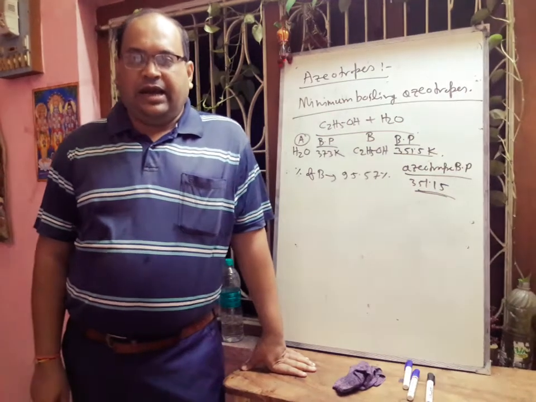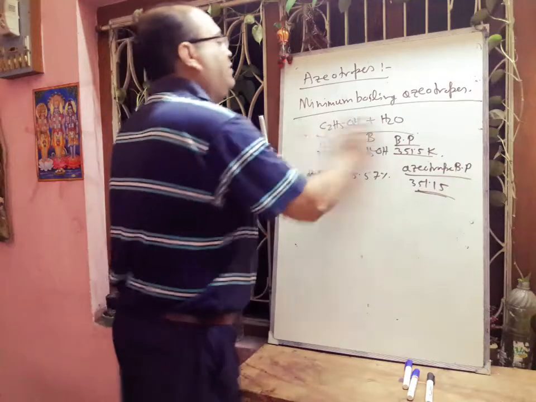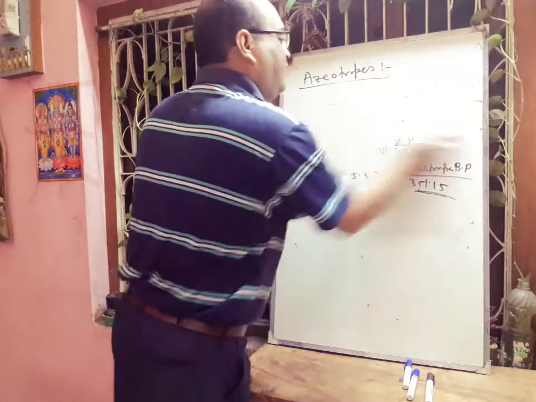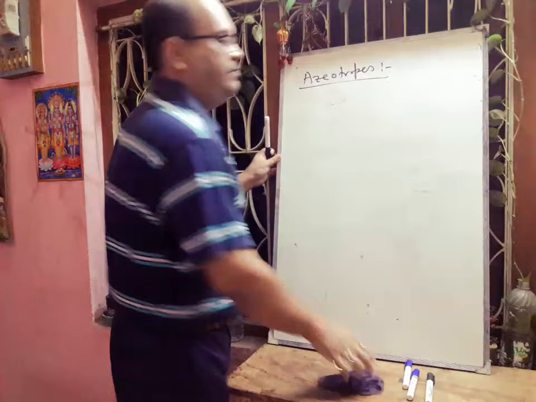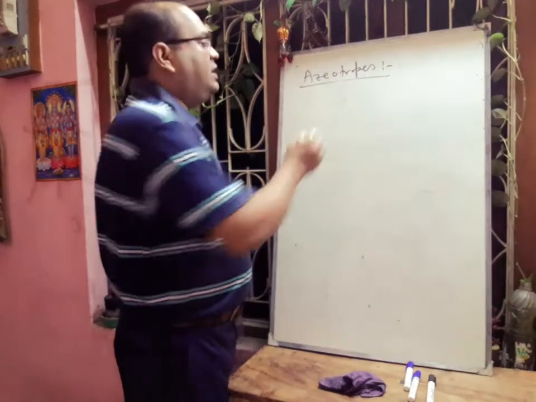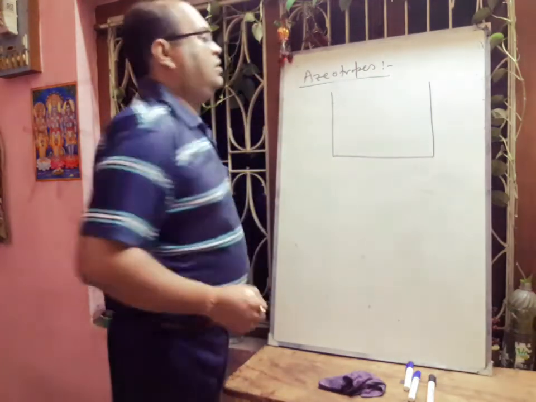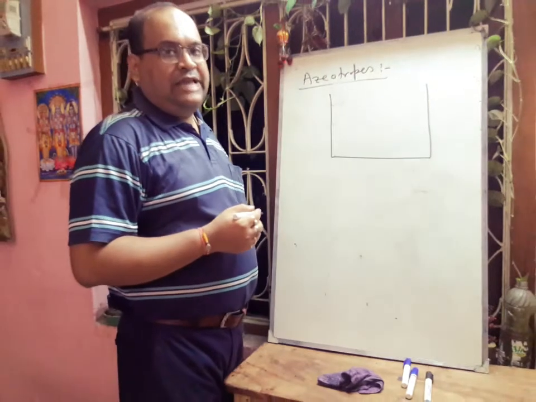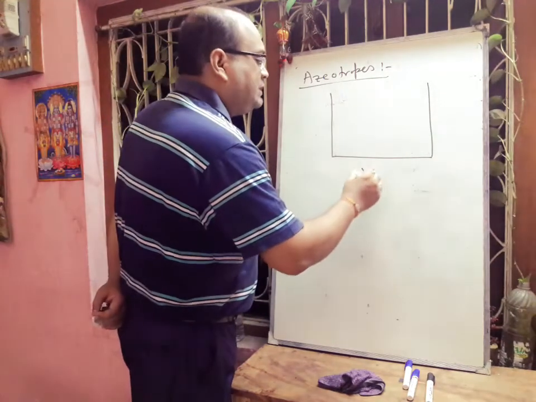And here one graph is there. If I draw the graph, then you can understand. First we are plotting the mole fraction. Here we are writing the mole fraction of water.